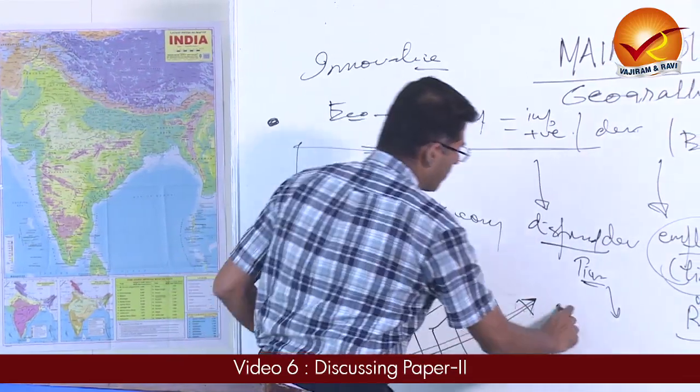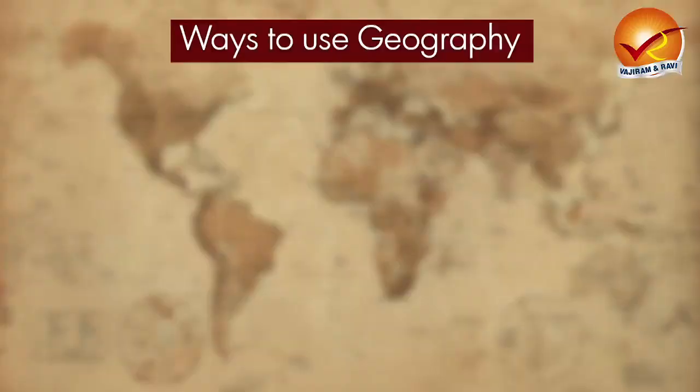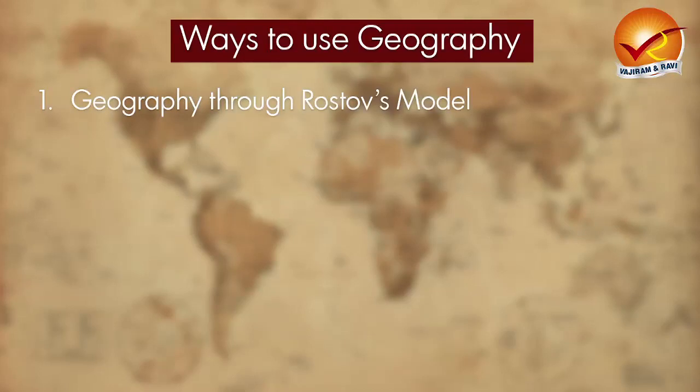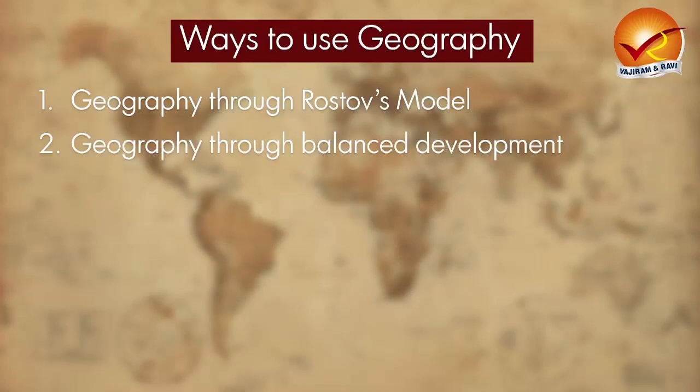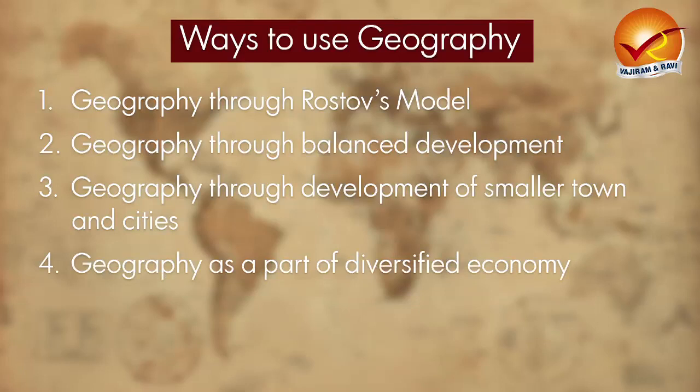So again, a part of the dispersal. So 4 ways I tried using geography: geography through Rostow's model, geography through balanced development, geography through the development of smaller towns and cities, and geography as a part of diversifying the economy to include rural and women issues also.